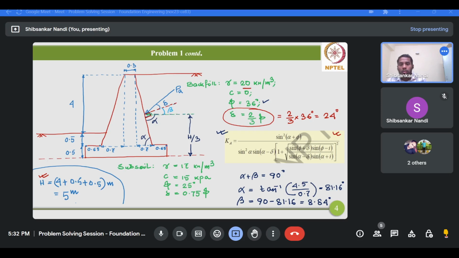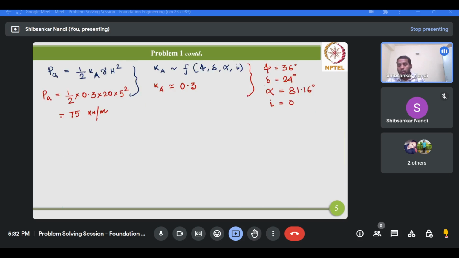So this will be PAH and this will be PAV.